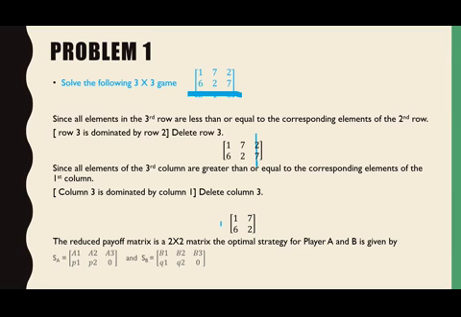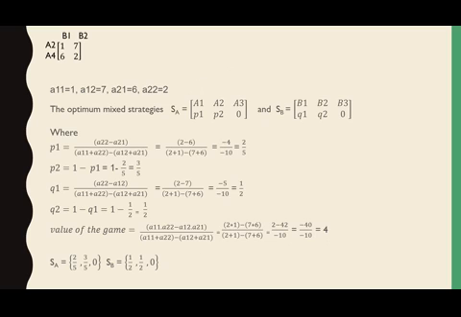So I am left out with A1, A2, B1, B2. So A3, third row was deleted. So A3 strategy will have 0, and because third column was deleted, B3 column will have 0. So now solve the problem using formula method. I will not go in detail. I will straight away tell you A11 is 1, A12 is 7, A21 is 6, A22 is 2.